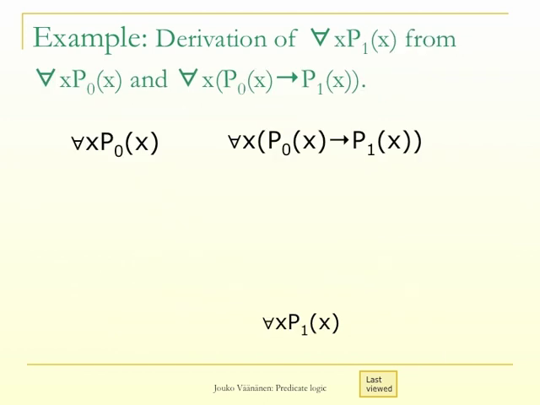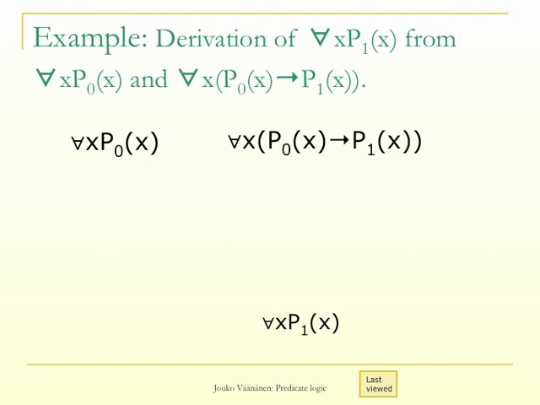Next example. We derive ∀x p1 x from ∀x p0 x and ∀x (p0 x implies p1 x). Let us write down the assumptions ∀x p0 x and ∀x (p0 x implies p1 x), and below them the desired conclusion ∀x p1 x.